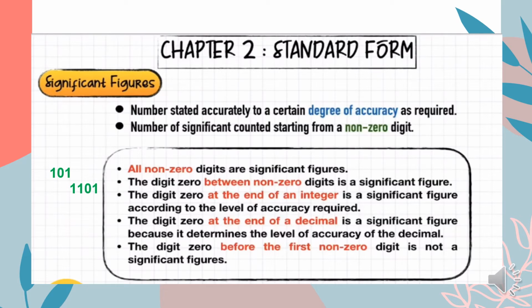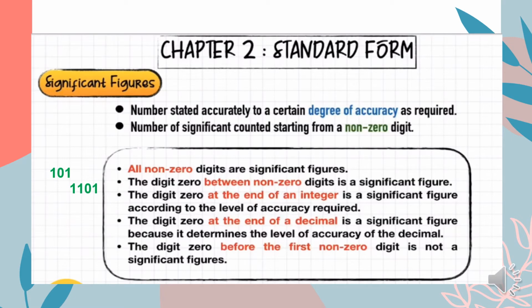And then I will talk to you in detail about what it means by depending on the level of accuracy required in the next slide. For now, I just hope you understand what it means by 0 at the end of an integer being a significant figure.